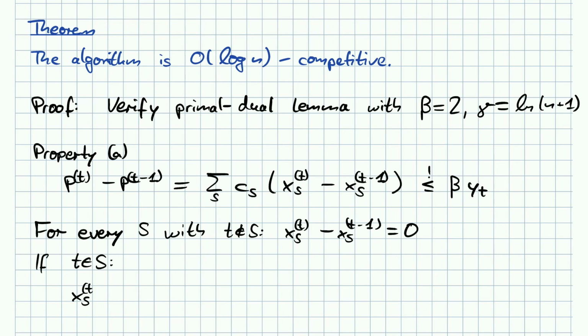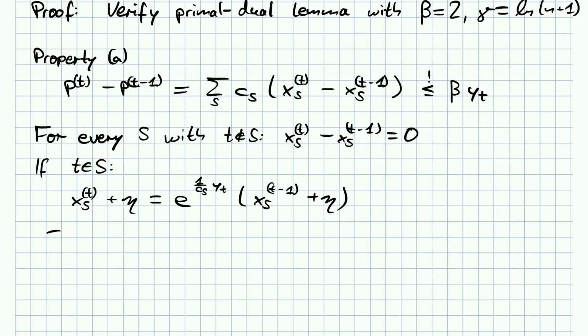Then, how big is x as t? Well, we had our formula. This was our formula. So we can also write this in terms of x as t minus 1 plus eta. This is nothing but e to the negative 1 over cs times yt multiplied by x as t plus eta.